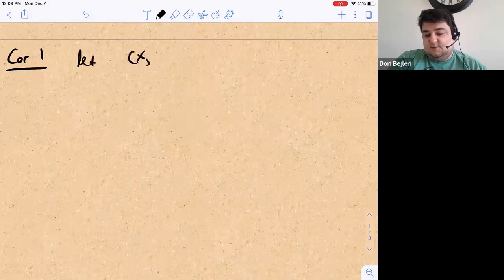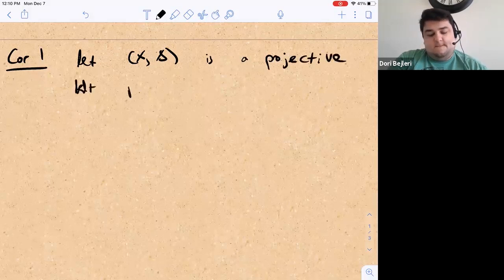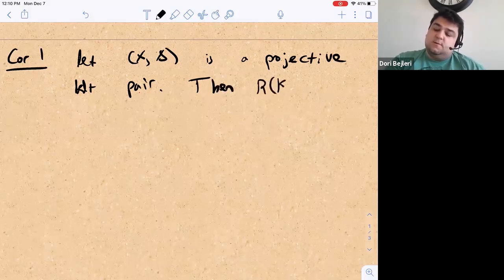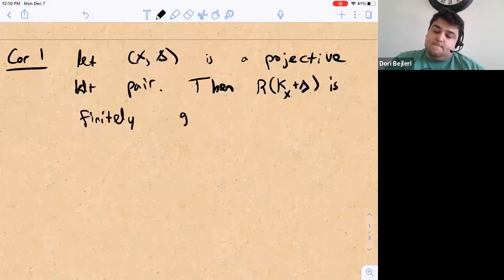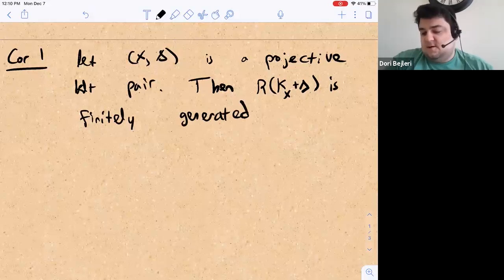So let's say (X, Δ) is a projective KLT pair with no assumptions on Δ being big or on K_X + Δ being big, then the log canonical ring is finitely generated. In particular, this is true for the canonical ring of a smooth projective variety.